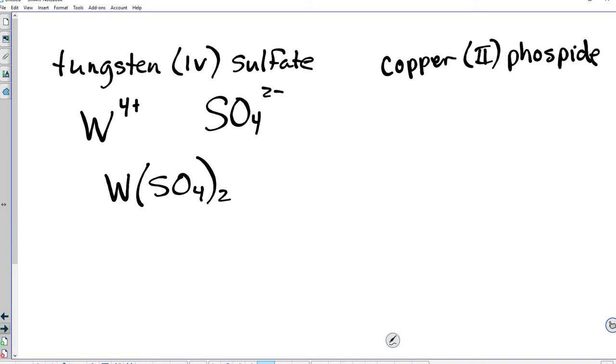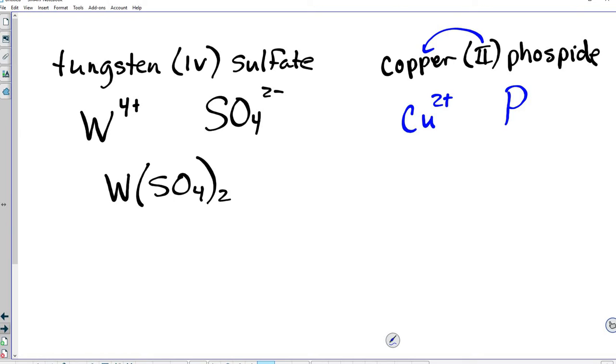Okay. All right. So starting again here, copper is what charge? 2 plus. Good. Phosphide, what charge? Oh, sorry. No, not quite. All right. Okay, so phosphide.